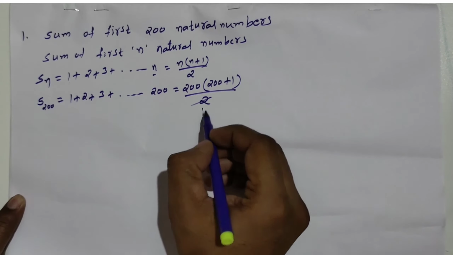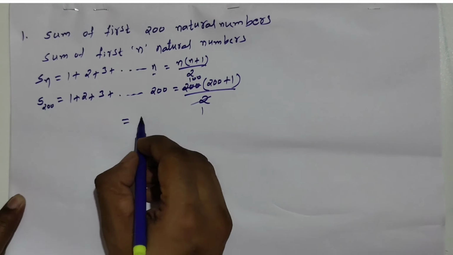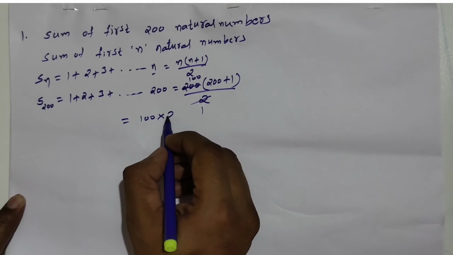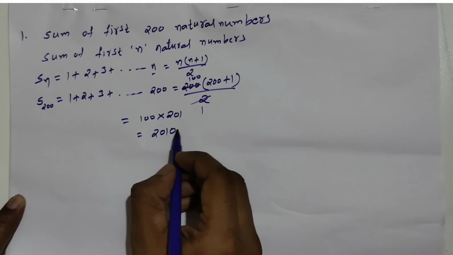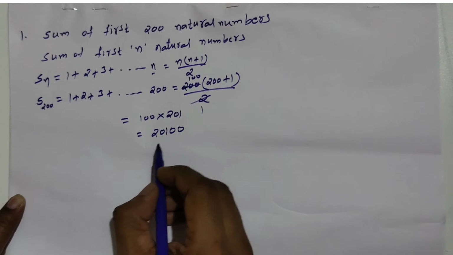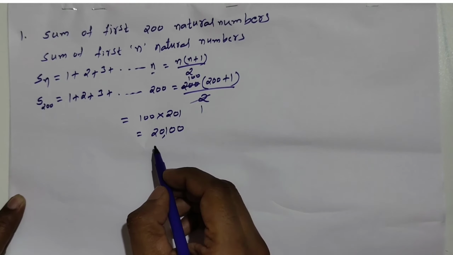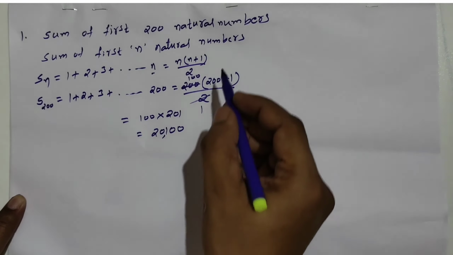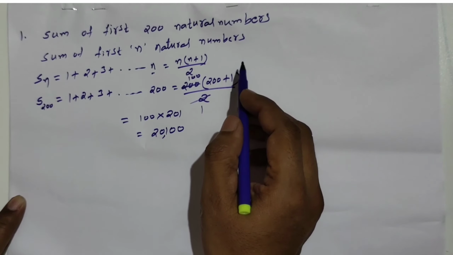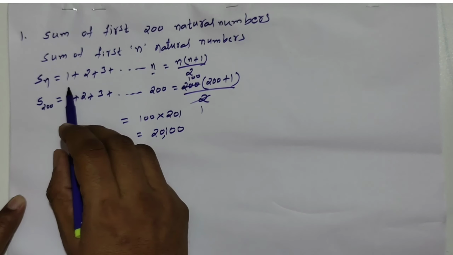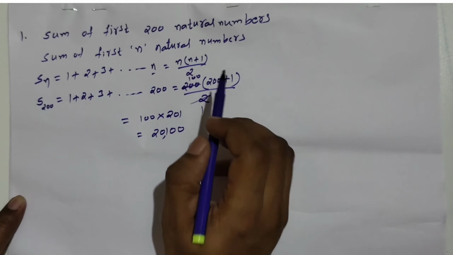By cancellation we get 100 into 201, that is 20,100. So actually here we are using the sum of n terms in AP, and in that we have this formula, 1 plus 2 plus 3 up to n is n into n plus 1 by 2.